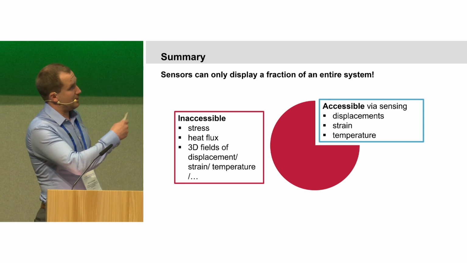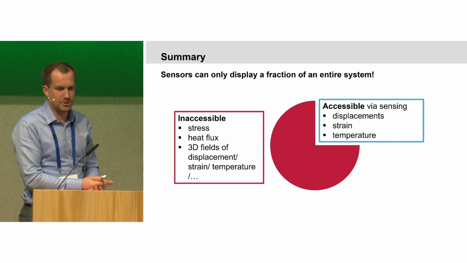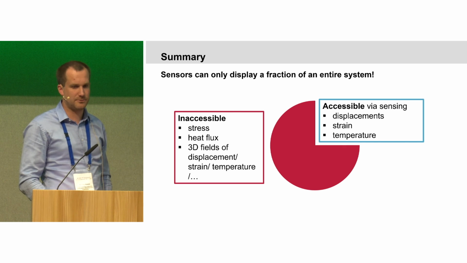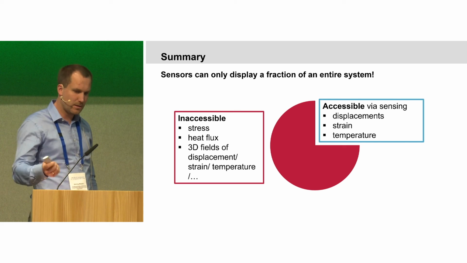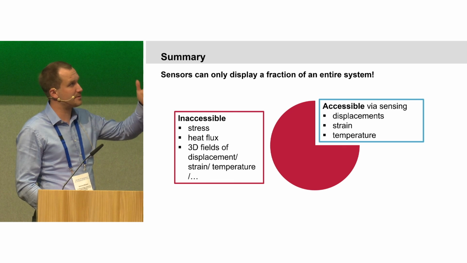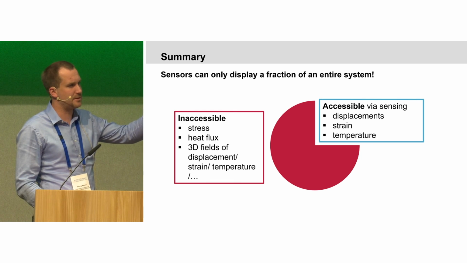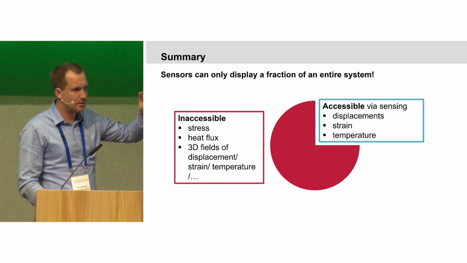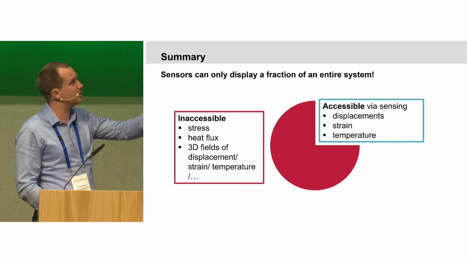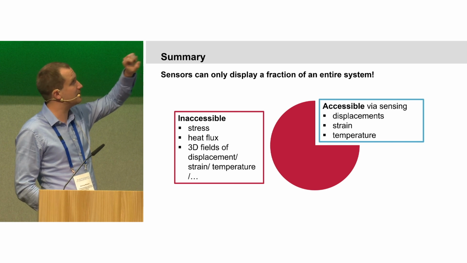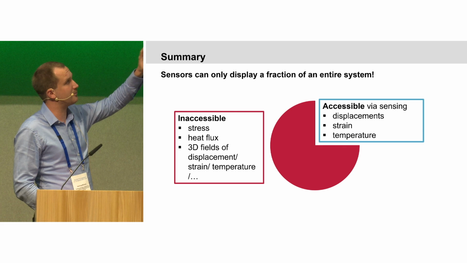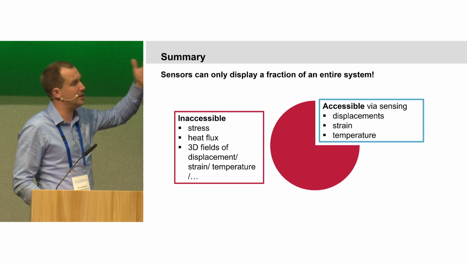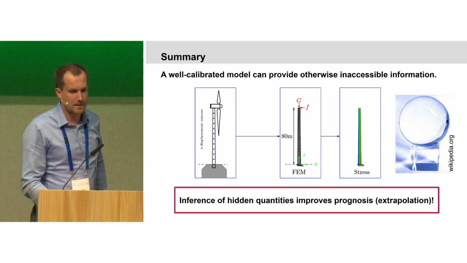Why that? I want to come back to the slides that I already showed. The thing is, sensors can only display a fraction of an entire system. We can measure displacements, strain, and temperature, but the interpretation of the sensing data is then either left to experts, or we help the expert in reconstructing stress field, heat flux, 3D fields of displacement, strain, and temperature in order to provide enhanced high-level information for the expert.